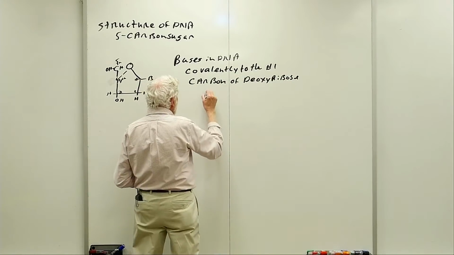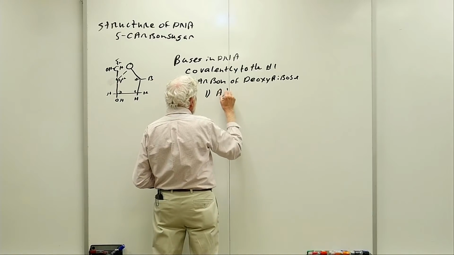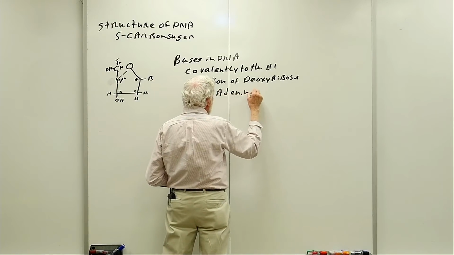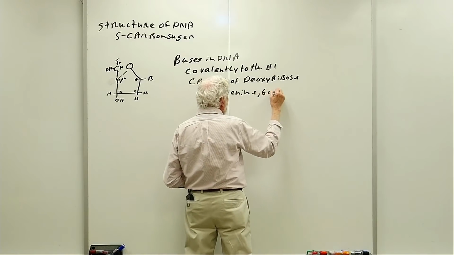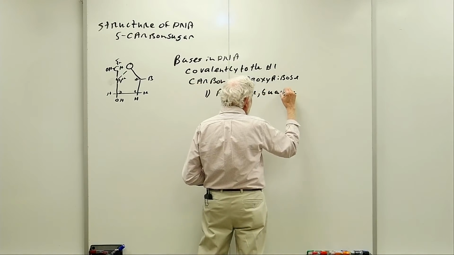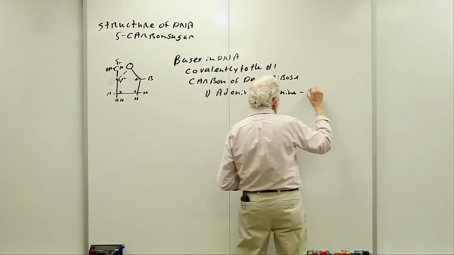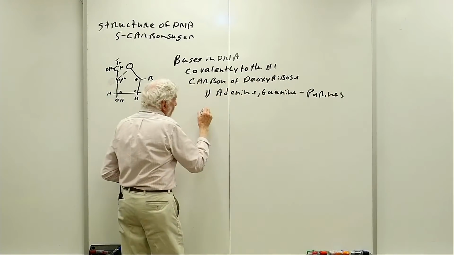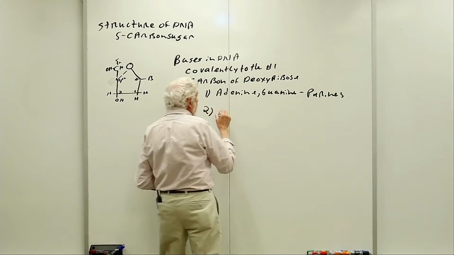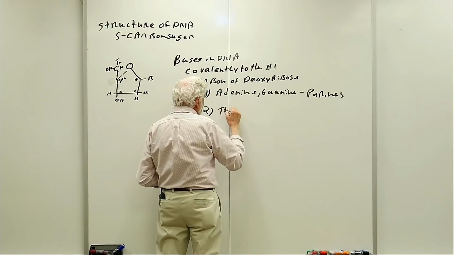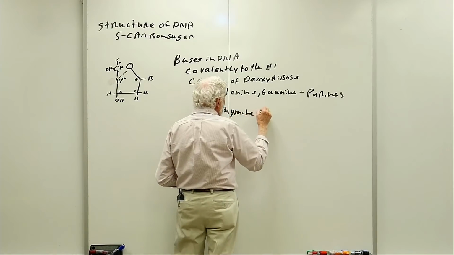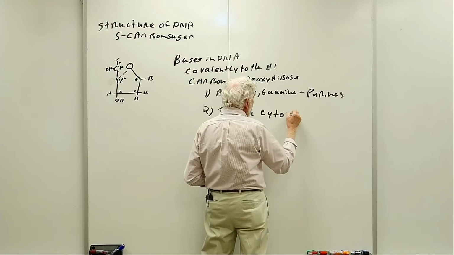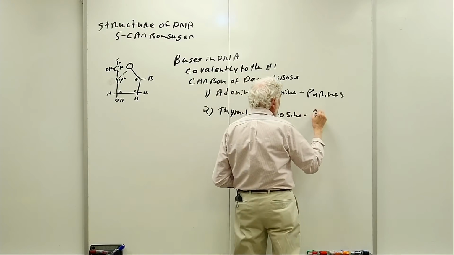That is, they can be adenine or guanine. Again, I want you to know that these are both purines. And then the other 2 possibilities are thymine and cytosine. And these are pyrimidines.